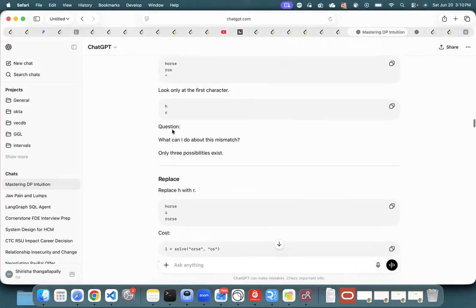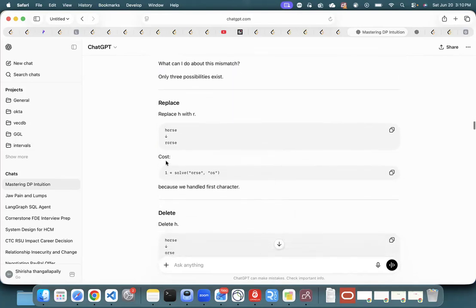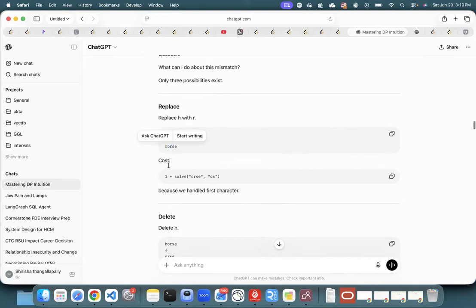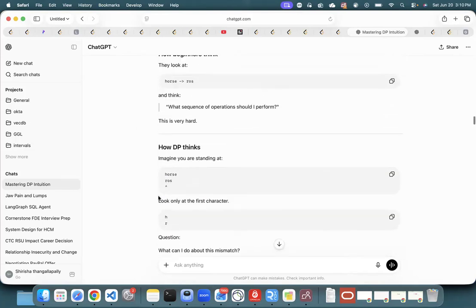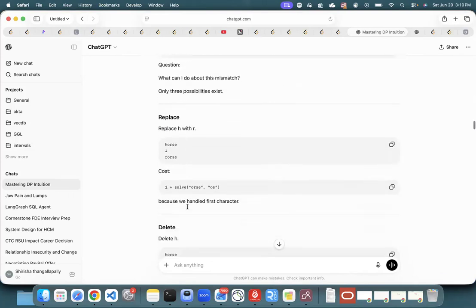So when you insert R to this, you are extending it, and basically you'll solve the existing HORSE, but with ROS, OS of ROS.